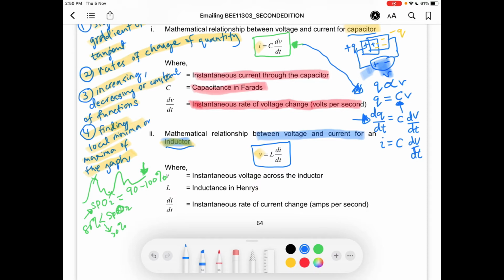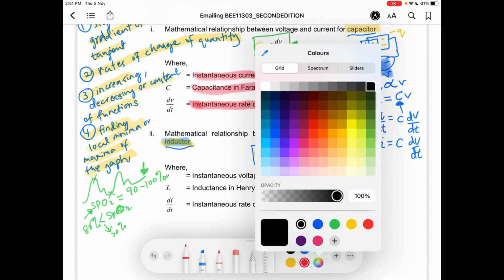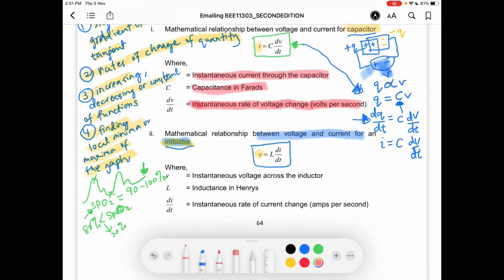This is actually from experiments they found. Maybe I can draw it to make it clearer to you. Wait, let me change the color to something different. Okay, imagine this is an inductor.